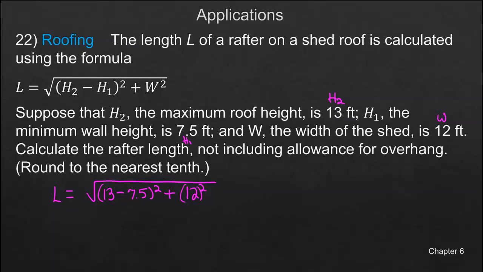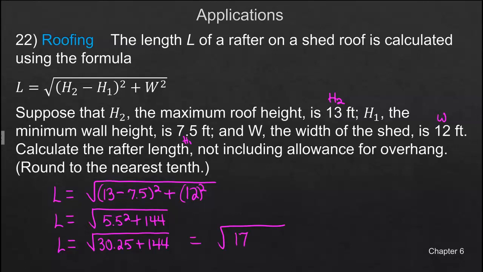But 12 is a positive number, and we can't really mess that one up. When I subtract, I get 5.5. So 5.5 squared plus 144, because I can go ahead and square the 12. And then when I square the 5.5, it's 30.25 plus 144.